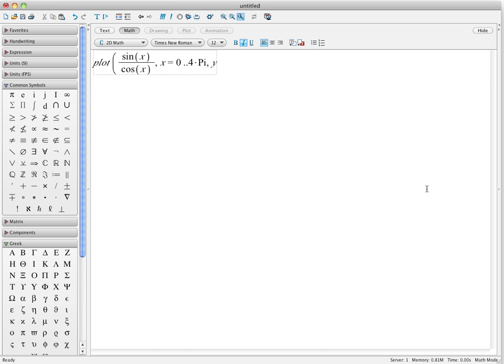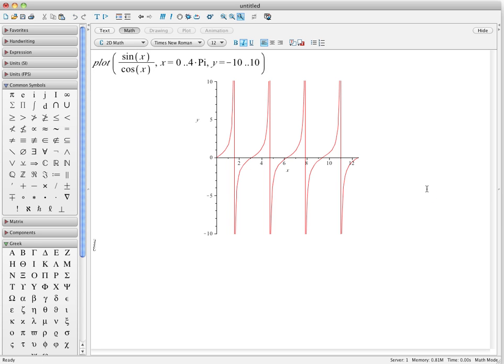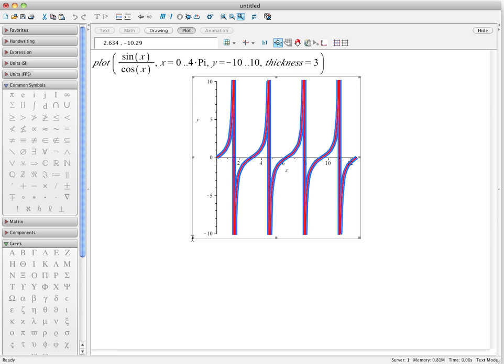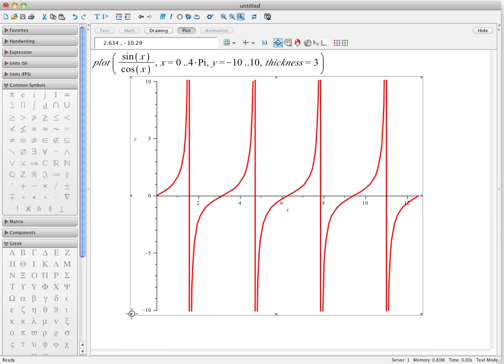And then y equals, let's do just negative 10 to 10. Let's see what we get there. Now let's go ahead and change the thickness again because it'll be easier for you to see. And I'm going to make this bigger. There. Now hopefully it's nice and easy to see.